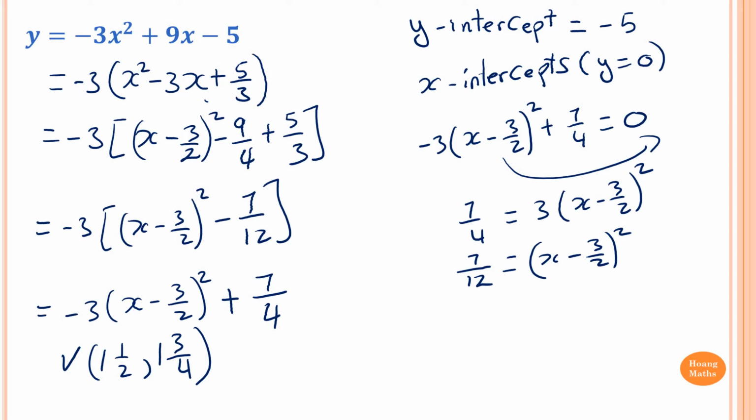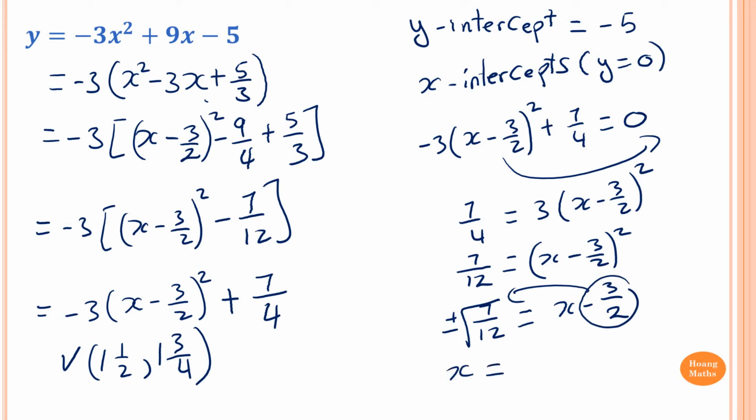And I square root both sides. So that means plus or minus the square root of 7 over 12 is equal to x minus 3 over 2. Now I move the negative 3 over 2 to that side. So x is equal to 3 over 2 plus or minus the square root of 7 over 12.